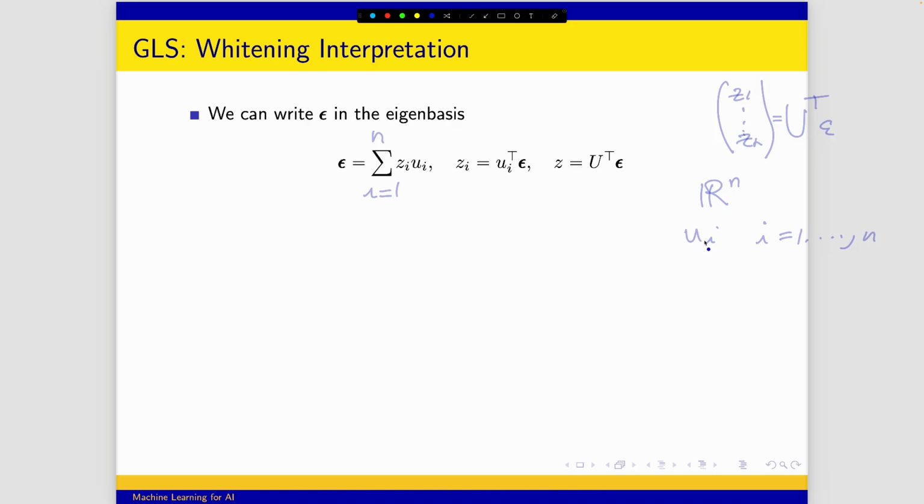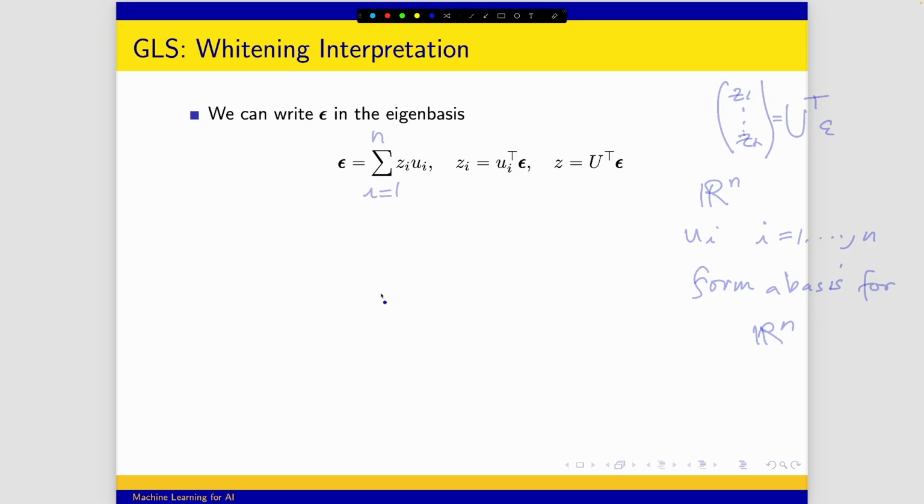Orthogonality implies linear independence, but not vice versa. So these ui from i equals 1 to n form a basis for Rn. We have exactly n of them, they're mutually orthogonal, therefore linearly independent, therefore this is a basis.